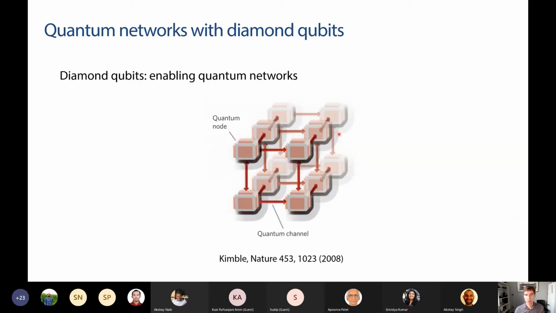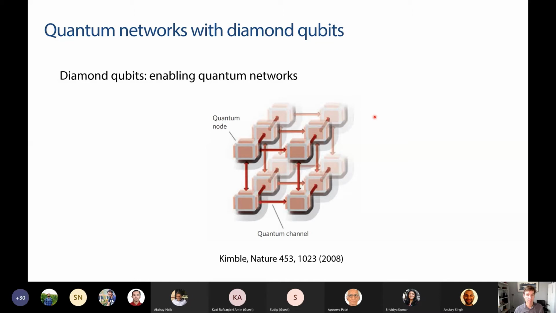Okay, so the broad motivation for this work comes from the field of quantum networking, which some of you may be familiar with already. The idea is that with the emergence of quantum technologies, we'd like to be able to find a way of connecting different quantum systems over either short distances on chip or long distances through telecom fibers, and in this way build a sort of quantum internet, which consists of quantum nodes connected through some sort of quantum channel that entangles them and allows us to exchange information between them.